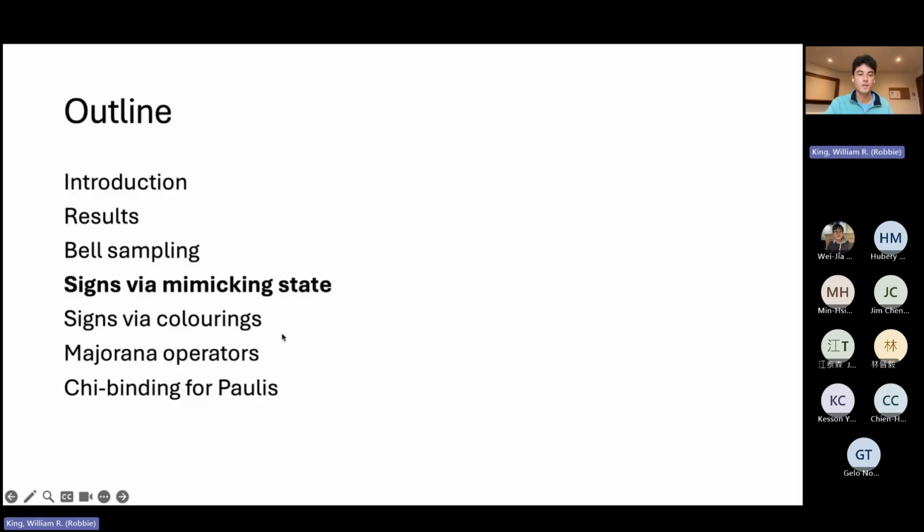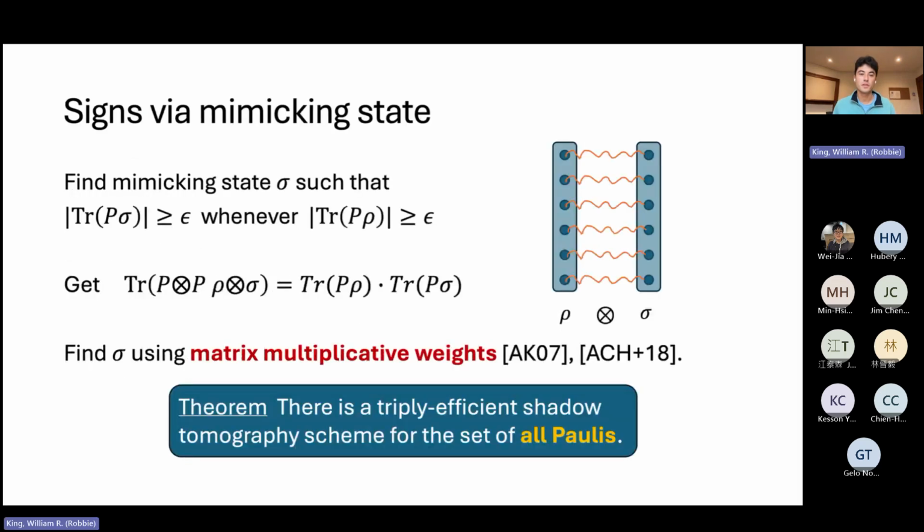Okay, so how do we resolve the signs using the mimicking state? What is this mimicking state? It is a state sigma that is large on the same Paulis that the unknown state is large on. We can first do Bell sampling, get the list of expectation values, and figure out on which Paulis our state is large, and then we search for a state sigma that is also large on those Paulis.